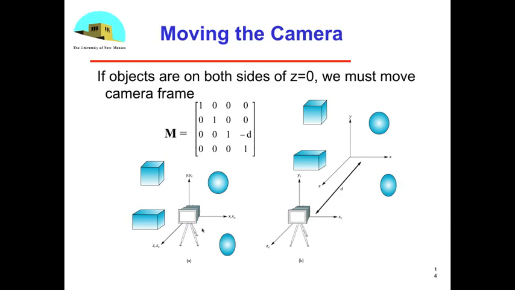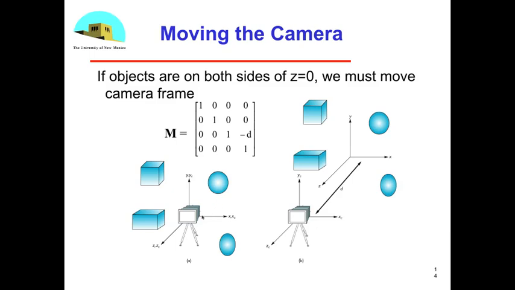But suppose you have a bunch of objects that are distributed in space. Some of them are in the negative Z space, some of them are in the positive Z space. The camera in WebGL is fixed to be by default at the origin and it points in the negative Z direction.